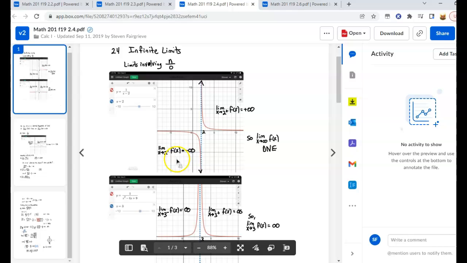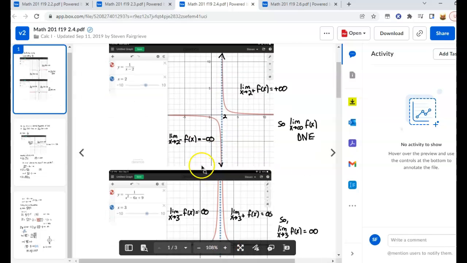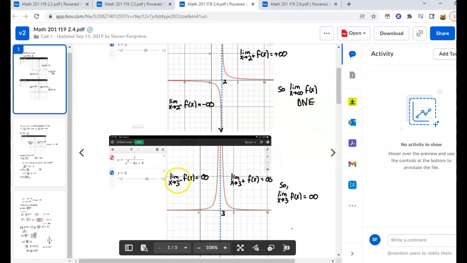And remember, the convention that we used here is that if the left is approaching negative infinity, the right's approaching infinity, or vice versa, left and right are approaching different directions, we say that the overall limit doesn't exist. If the left and the right are both approaching positive infinity or negative infinity, then the declaration we say is that the limit is equal to infinity.